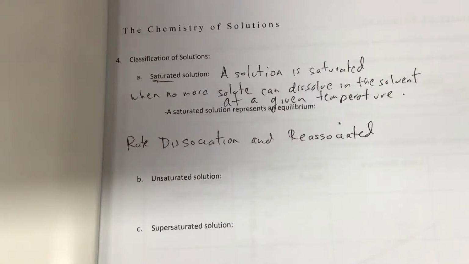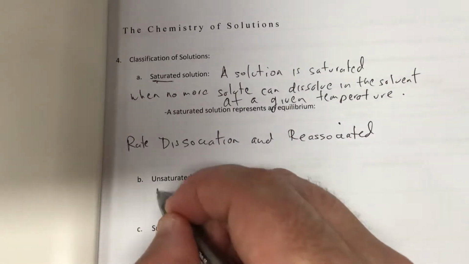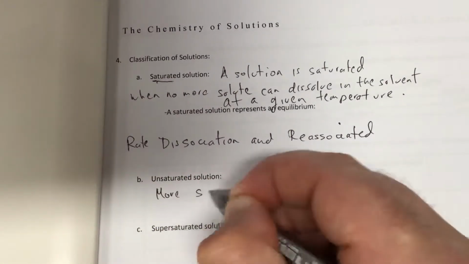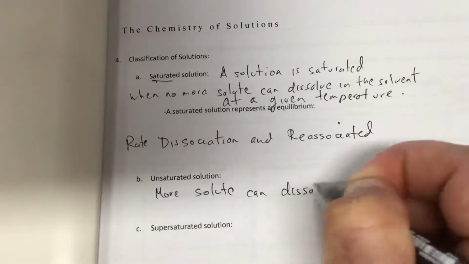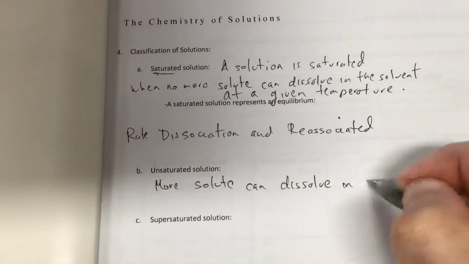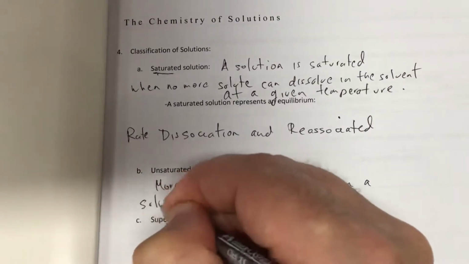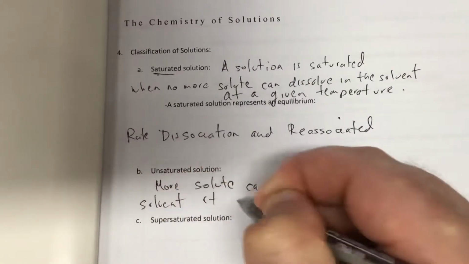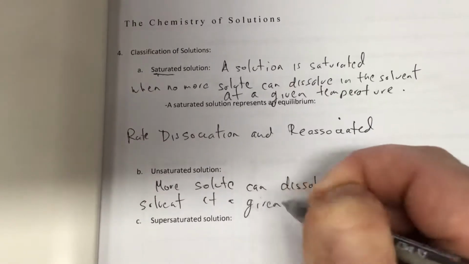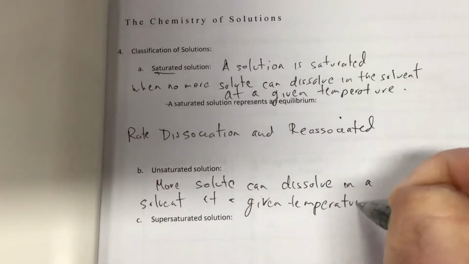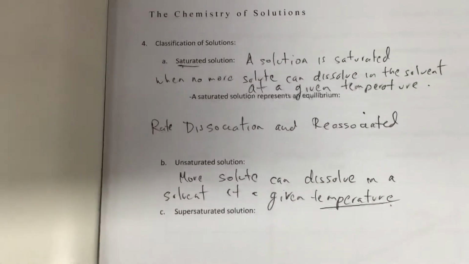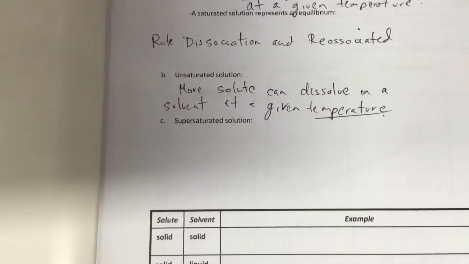An unsaturated solution means that more solute can dissolve in a solvent at a given temperature. That's very important because that will change much.